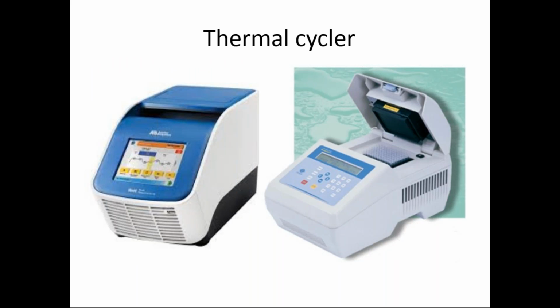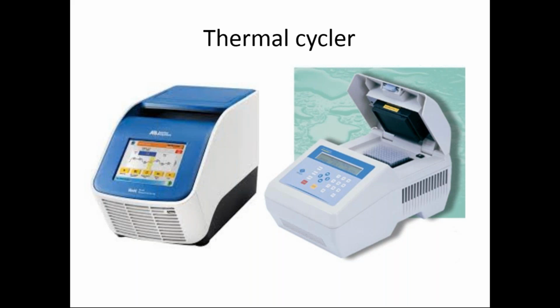Dear participants, this is the thermocycler machine, the PCR machine developed by Kary. These PCR machines have a screen by which we can design the protocols and monitor the PCR process. In the machine there are 96 wells in which we can keep our PCR vials to perform the PCR reaction.